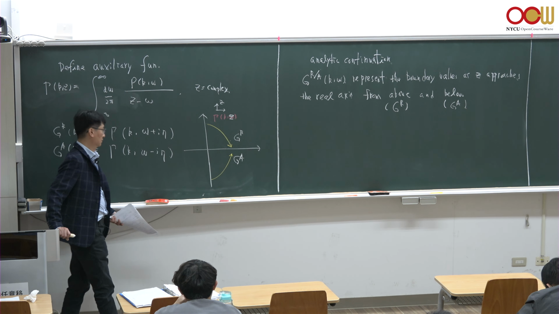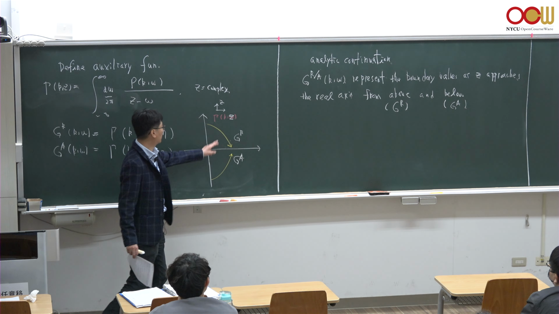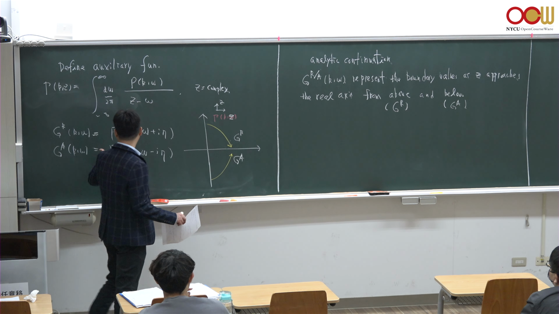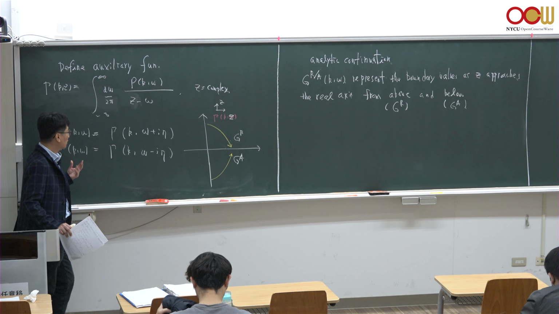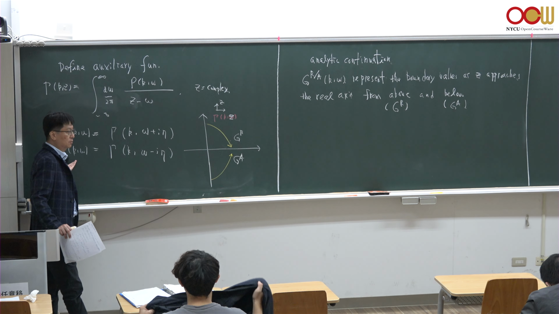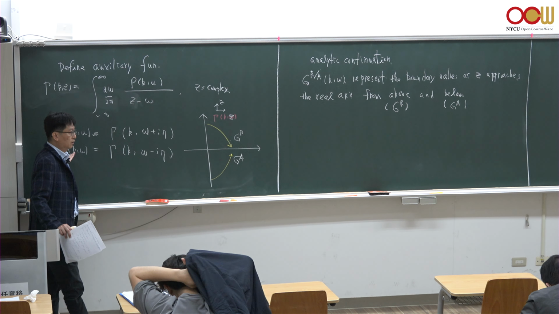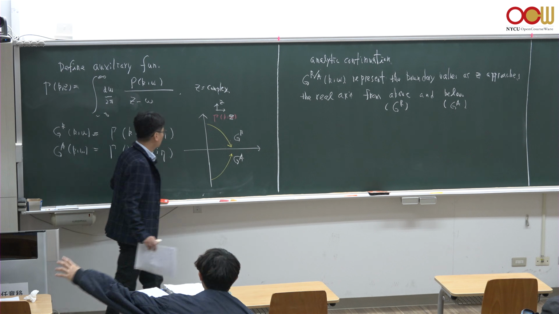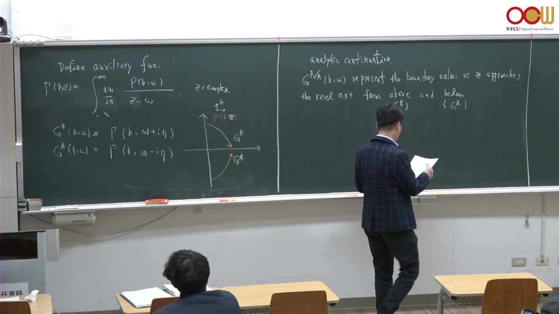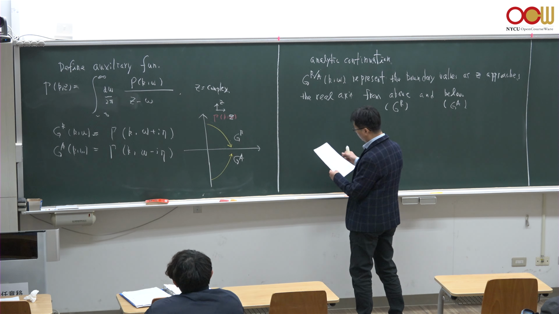You could also approach this from below, and then you find that the boundary values of the gamma function really correspond to the G retarded and G advanced components of the Green's function. This is a very good trick that we can play.